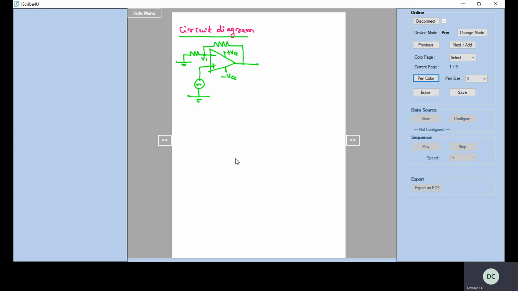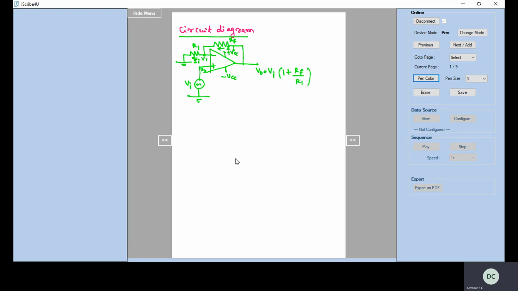So let us take this as V1 and this as V2, and this is R1, this is RF, and this is the current direction IF, and this is I, the input current. So the output is given by V0 is equal to Vi into 1 plus RF by R1.